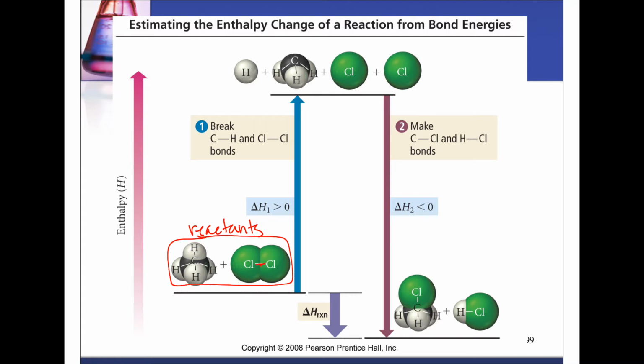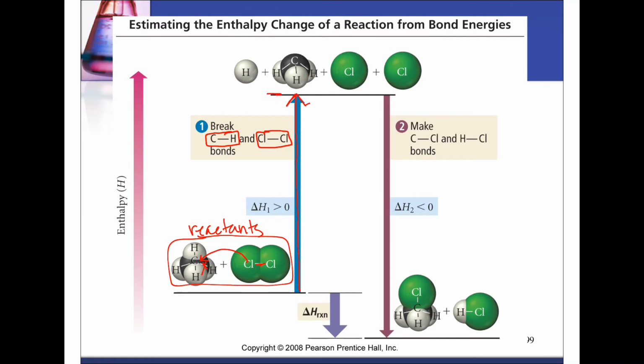What's going to happen is one of the chlorines is going to go onto the carbon, and that means that it has to break one of these bonds. So the first thing that we need to do is break a carbon-hydrogen bond, and we need to break apart the chlorine-chlorine. That's an investment of energy. So it takes energy to do that. So we're going up in our energy scale here.